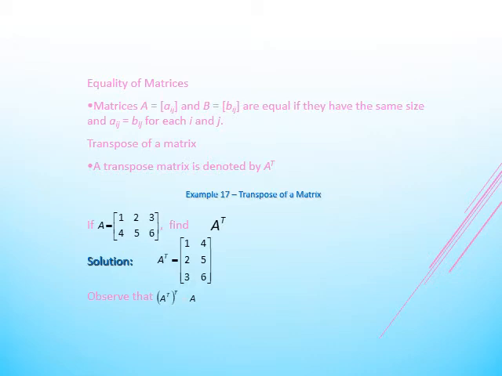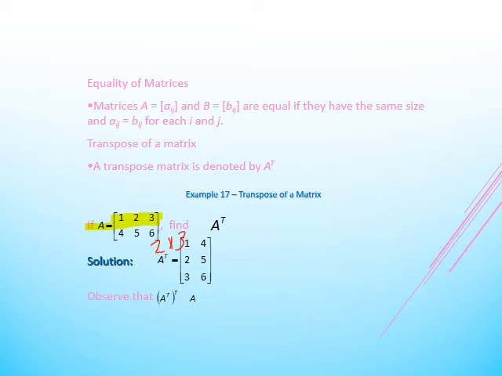We can transpose a matrix A. Suppose this matrix A has size 2 rows and 3 columns, so this matrix is 2 by 3.